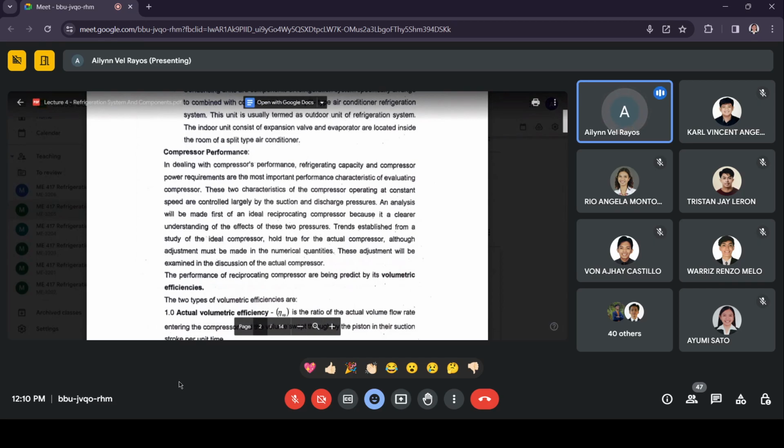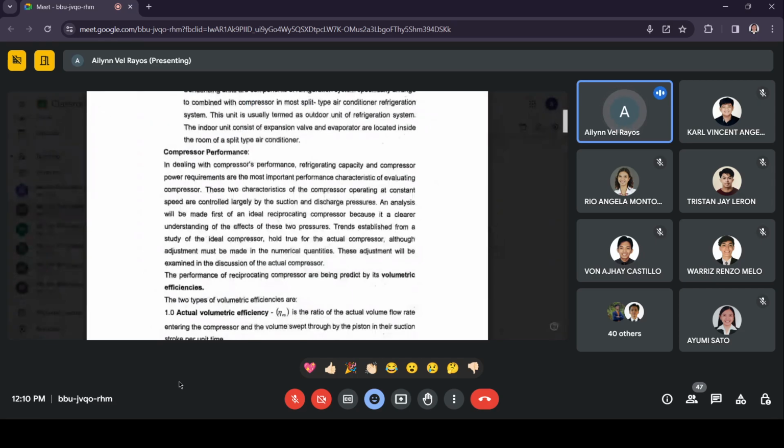But in dealing with compressor's performance, we're looking for its refrigerating capacity and power requirement. Okay? Kung mapapansin natin, yun naman yung tinitingnan natin for COP, or coefficient of performance ng refrigerating capacity or refrigeration system.